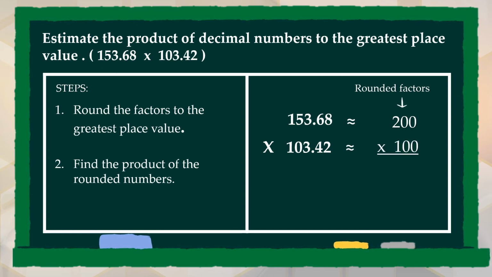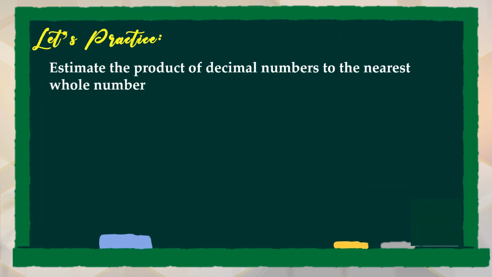We can now multiply the estimated factors. 200 multiplied by 100 is equal to 20,000. So the estimated product of 153 and 68 hundredths and 103 and 42 hundredths to the greatest place value is 20,000.